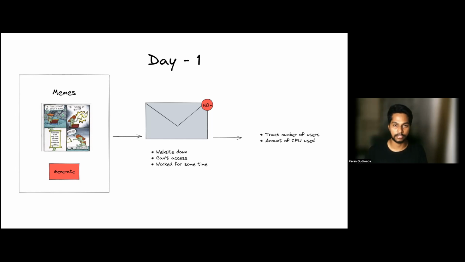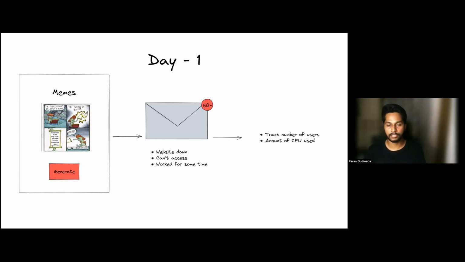So let's say it is 1 a.m. You want to see the number of users that are coming to your website, and also the amount of CPU that is being used at any given time. Say the same at 1 a.m., how much of my CPU is being used of your server. So with this, you set up something to make sure you get all this data and you go to sleep.